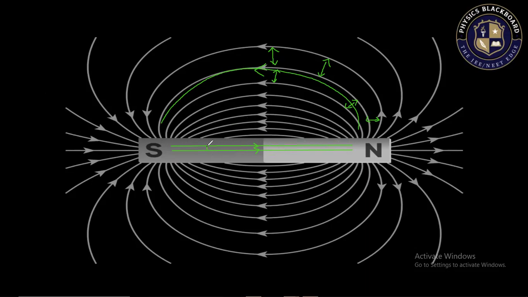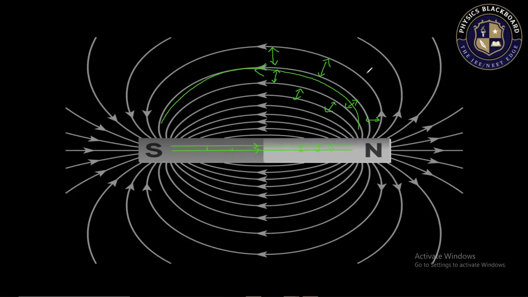And now you can see that these two are parallel lines inside the magnet, so the distance between these two lines is uniform. That means the magnetic force at any point between the lines inside the magnet is uniform. But outside the magnet, the magnetic force is not uniform.